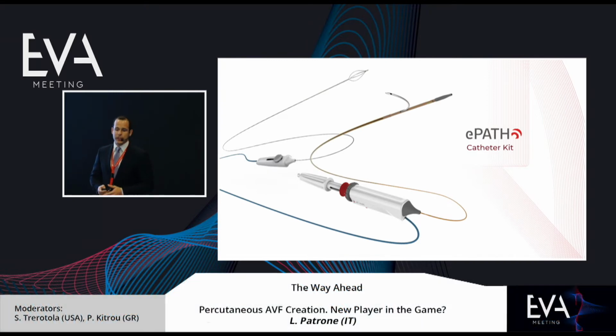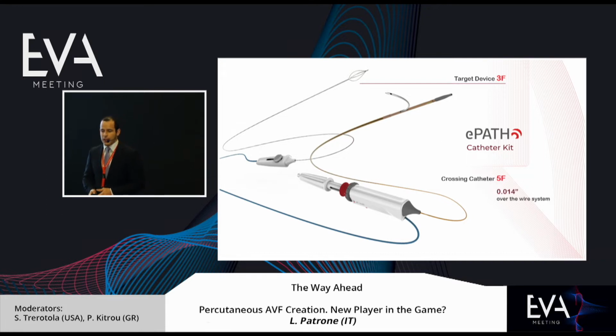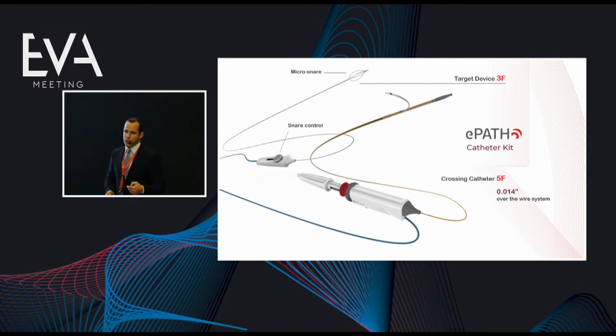It consists of a system made of two different parts. One is the target device, which is 3 French in size, and the other is the crossing catheter, 5 French. The crossing catheter goes on a .014 guide wire, whereas the target device is equipped with a snare, which works as a target, and there's also a snare control, which can be opened and closed in order to deploy the snare.